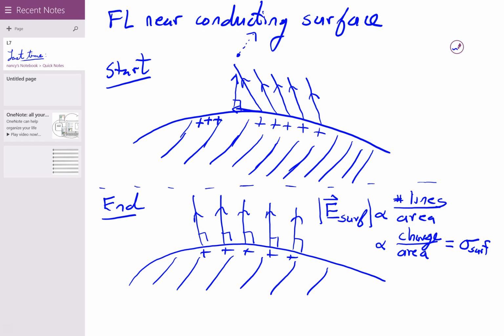So we have this nice relationship that the strength of the field near the metallic surface is proportional to the surface charge density. So we know something about the direction has to be perpendicular of the electric field, and now we also know something about the magnitude of the electric field. It has to be in direct proportion to the concentration of the charges here on the surface. So that's great. That's a powerful statement of itself.